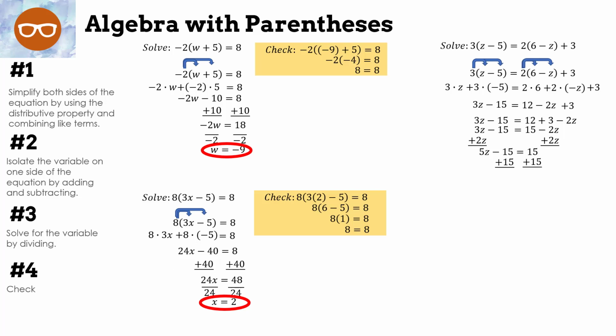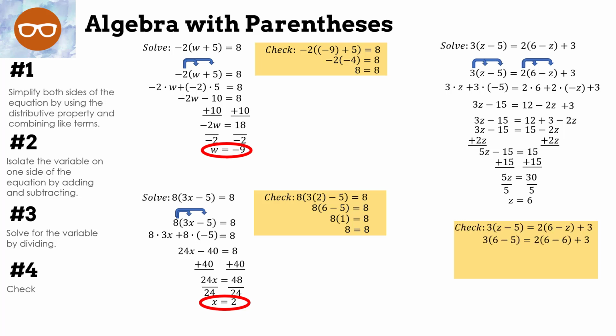So I'm going to add 15s to both sides, which gives me 5z equals 30. I want to know what z is, not 5z. A number next to a letter means multiply, and the opposite of multiplying is dividing. So I'm going to divide by 5 on both sides of the equal sign. This gives me z equals 6, but we still want to check it.